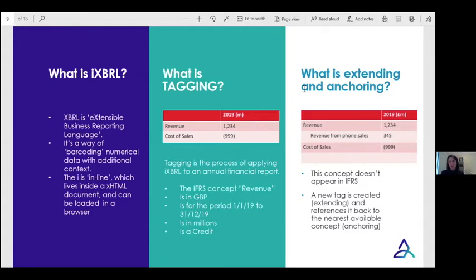And you're required to do that for anything that doesn't fit perfectly into the IFRS taxonomy. And that is where I believe we can really help, because that is where things start becoming a little bit grayer and a little bit more difficult. We've done a lot of work with businesses so far and the audit profession to work out the best ways of using this extending and anchoring so that it works.